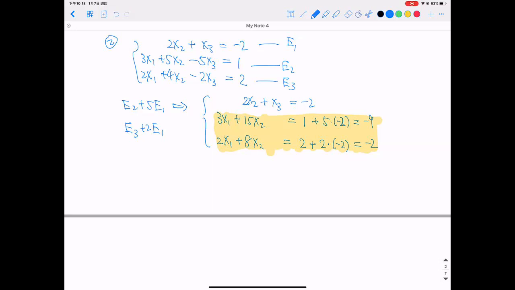Let's see how I'm supposed to do this. So say, let's try to do E1 minus 2 or 3/2 of E2. Okay, sorry, this is not E1, this is E2. This is now the new E2. This is E3. This is E1. E2 minus 3/2 of E3 is what I want to do.